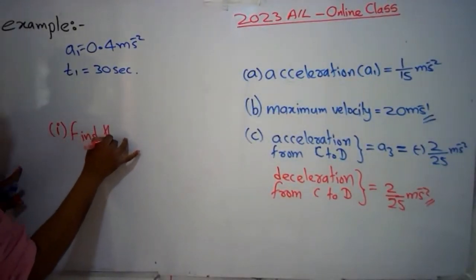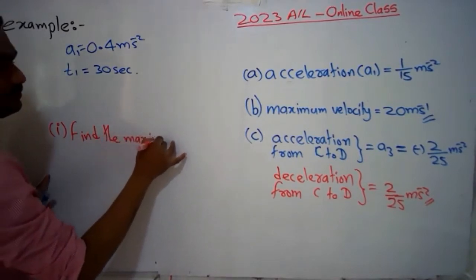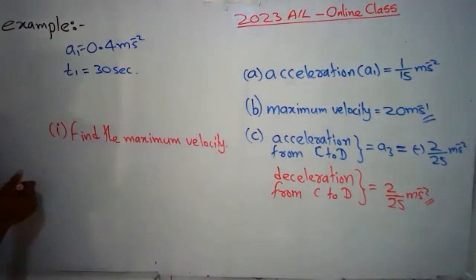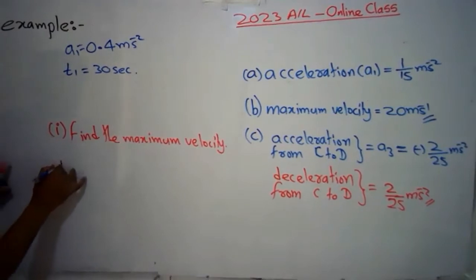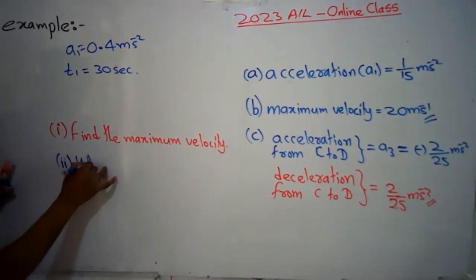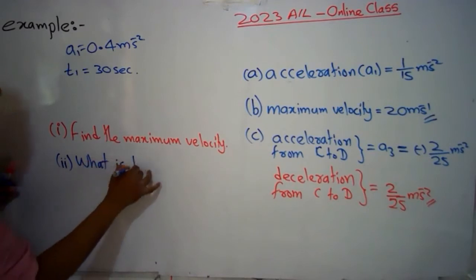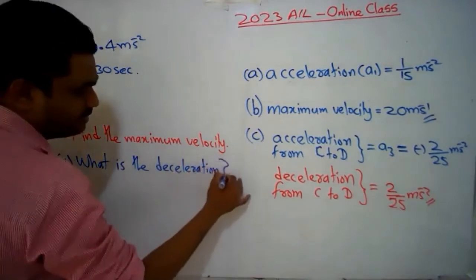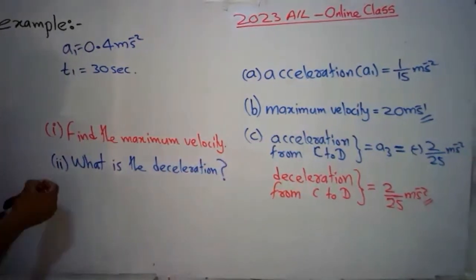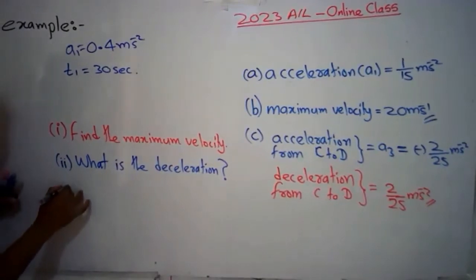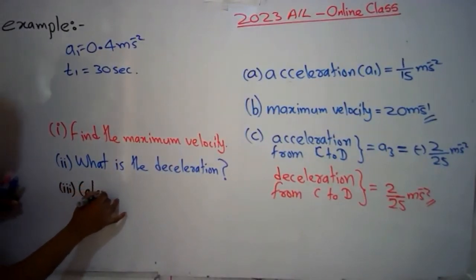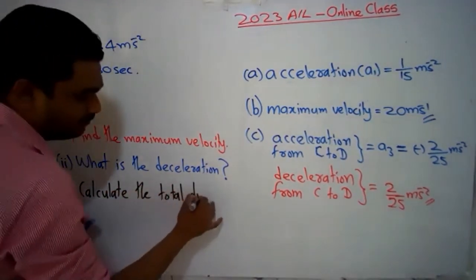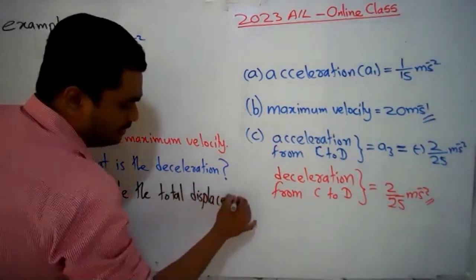Right, then Roman number 1: Find the maximum velocity. Roman number 2: What is the deceleration? Final question: Calculate the total displacement.